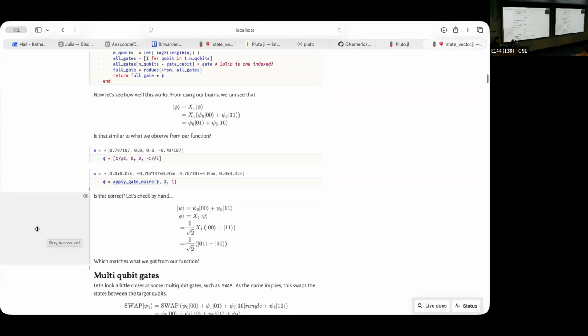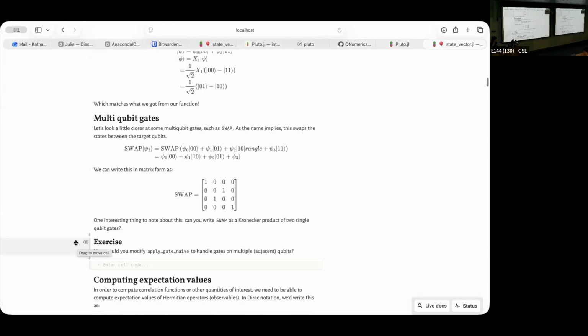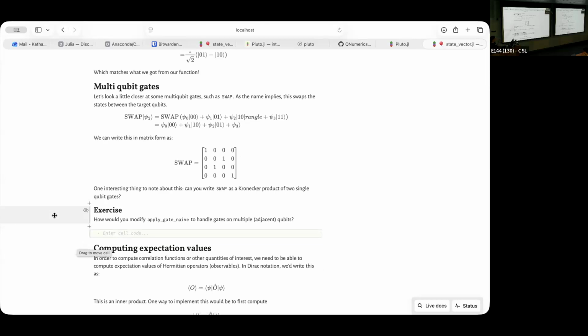Okay. Other questions before we go to multi-qubit gates? So I wrote this very naive function for a single qubit gate. Now we can look at something a little bit more complex. In this case, we're going to look at the famous SWAP gate.